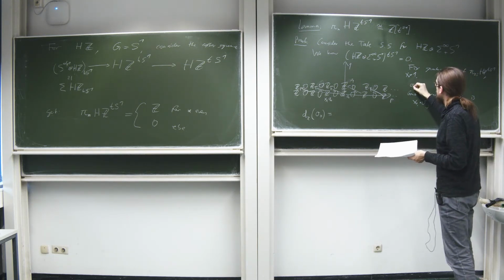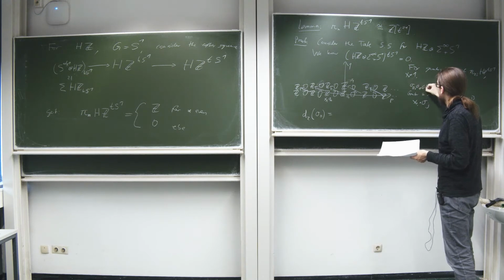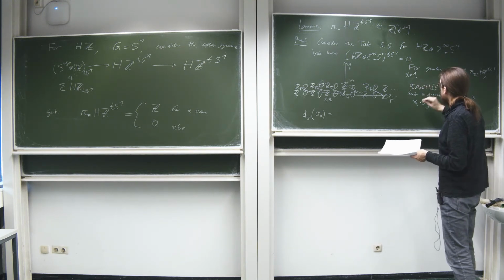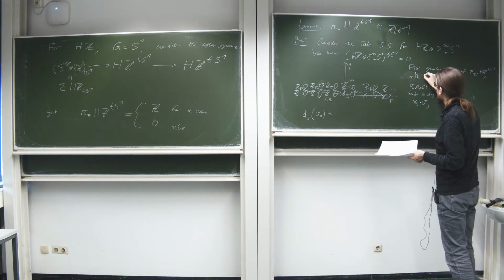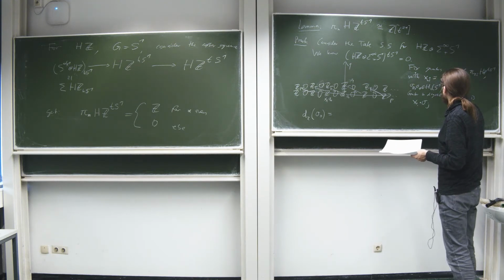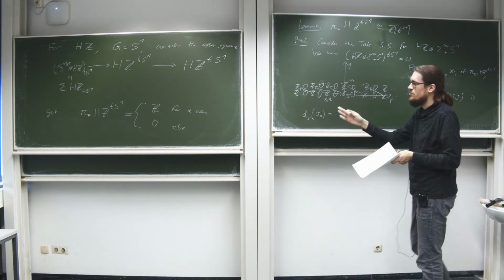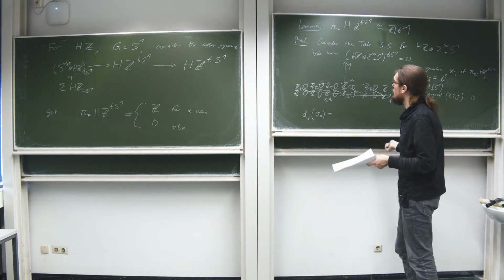Okay, so I have these generators sigma 0, sigma 1 in the homology of S1. And then I'm going to say here x_{-i} is given by t to the i. So in negative degrees, these are powers of t.